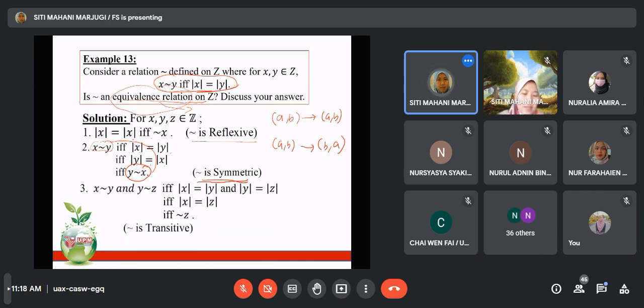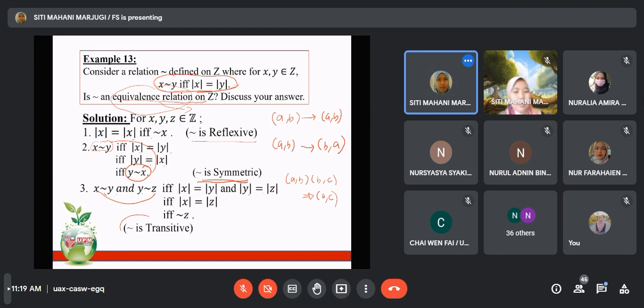Okay, for the transitive, you must show AB, BC can imply AC here. Okay, so you show only X tilde Y and Y tilde Z. Suppose the result will be X tilde Z. So if norm X equals norm Y and norm Y equals norm Z, so norm X equals norm Z. So tilde is transitive.